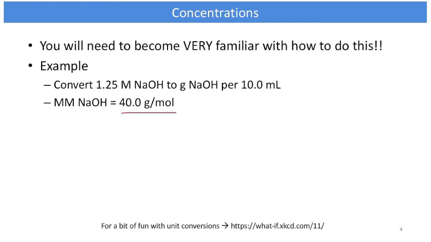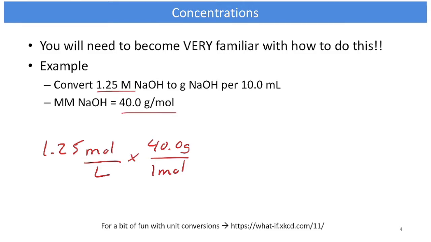So to do this, we can start off with our starting concentration. So we have 1.25 molar, which is the same as mole per liter. And then we're trying to convert this into grams per milliliter. So first thing we can do is we can use the molar mass of sodium hydroxide and convert the moles into grams.